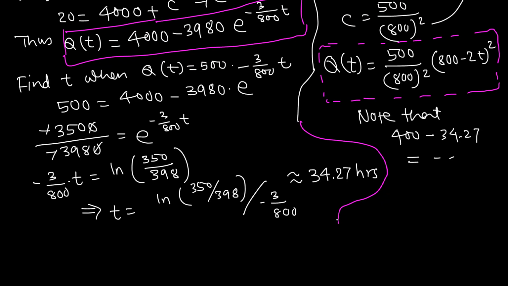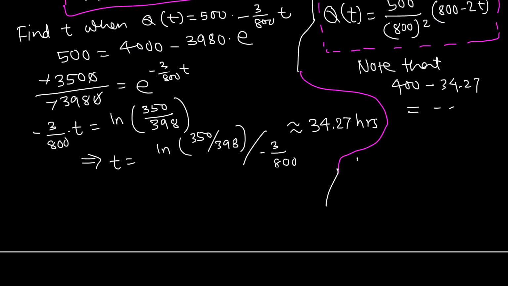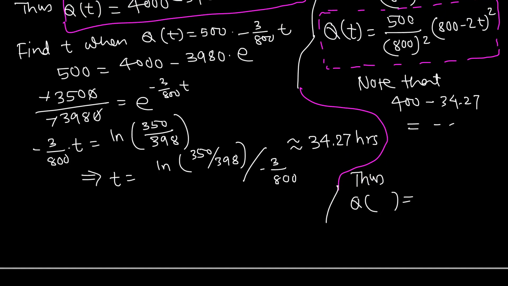So the final answer is Q of this number equals, we plug in here 500 over 800 squared times 800 minus 2T, whatever T is here, squared. Just use your calculator, that many pounds or ounces. This is ounces, I think.